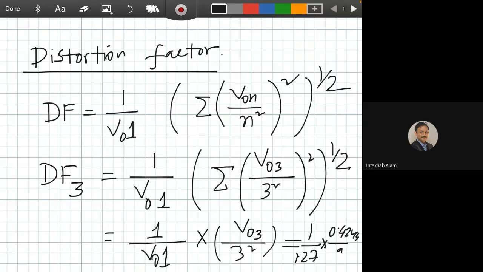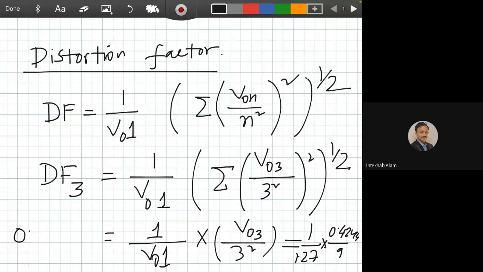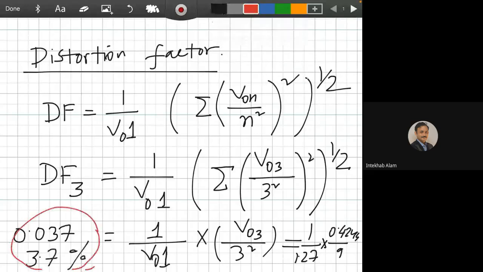So what will be the value? It is 0.037, and if we convert it to percentage, it's 3.7%. Is it understandable? Can you understand this part?